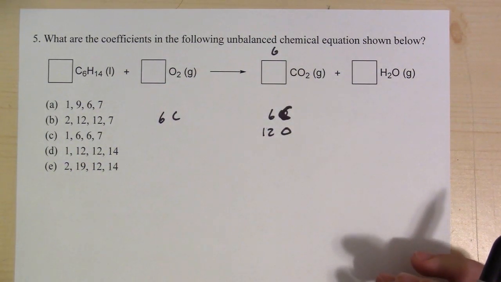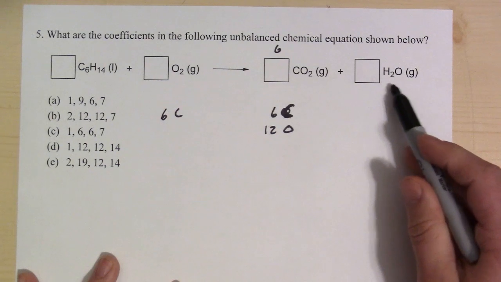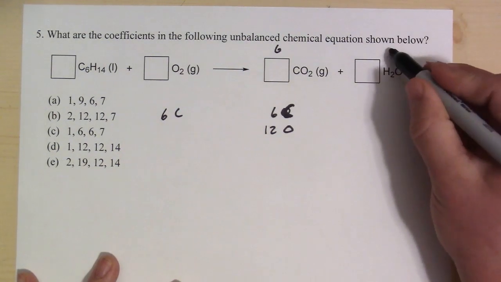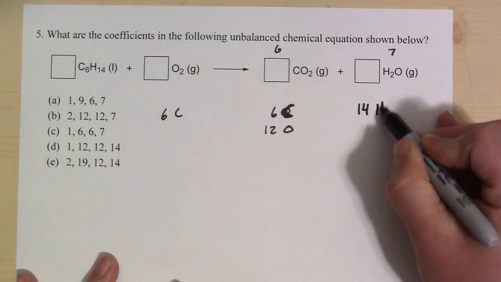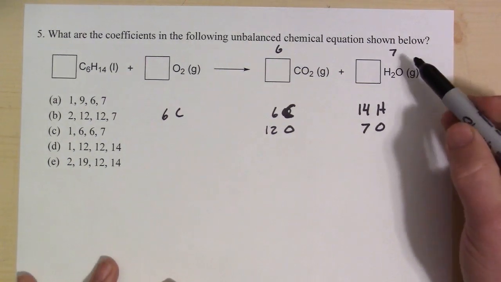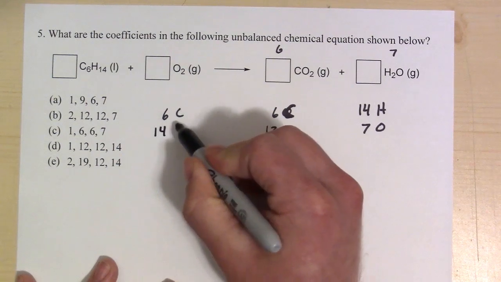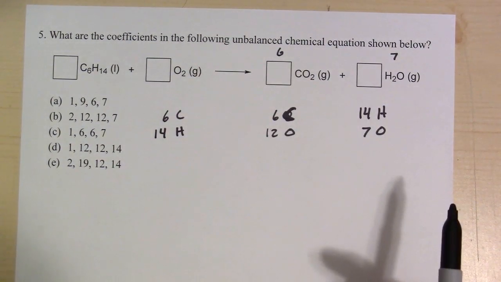So then if we want to balance the amount of hydrogens, we see that we have 14 hydrogens here, and we have an H2O here. So we can multiply this side by 7, so that'll give us 14 hydrogens, and remember it'll also give us 7 oxygens. That will match with our 14 hydrogens that we have here in hexane.